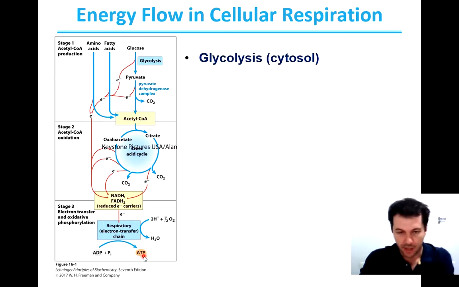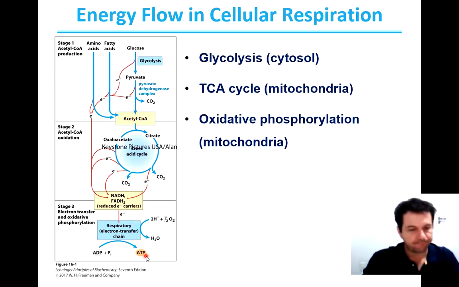These steps are connected to each other, as you can see here, but they are physically separated. Glycolysis occurs in the cytosol, and the TCA cycle and oxidative phosphorylation in the mitochondria. But you are going to see in the last class that we have some metabolite channels that connect all of these steps. They are separated physically, but the regulation is unique.